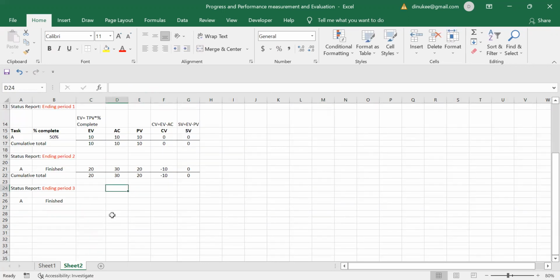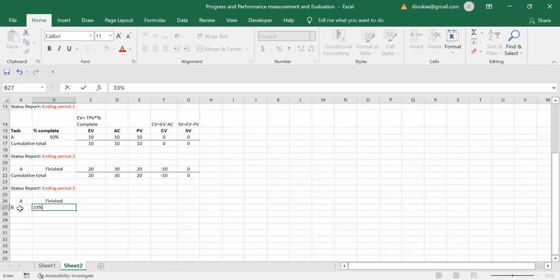Okay, now I will move to ending period 3. At ending period 3, activity A is already finished, and activity B is finished by 33%. 33% means how much? It is 1/3 of this activity that is finished now.